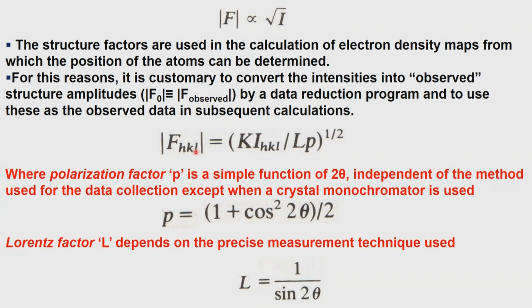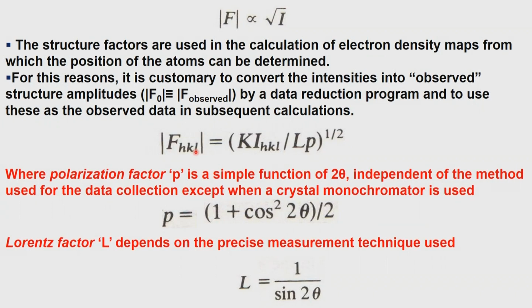So, the intensity measurement is a totally relative phenomenon, and we have to put the measured intensity on an absolute scale, which essentially comes from the fact that we need to have them on the scale which counts the total number of electrons.